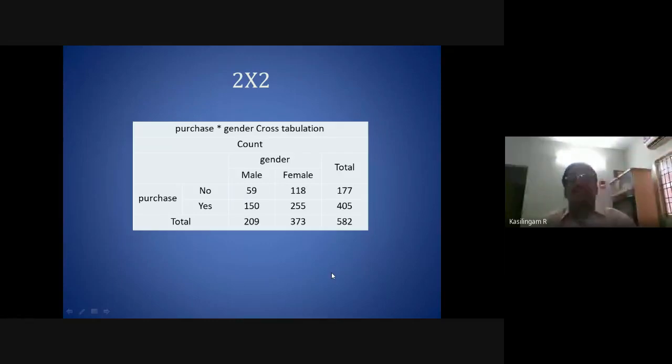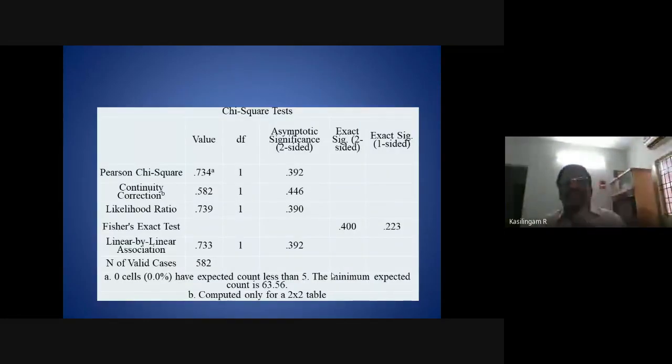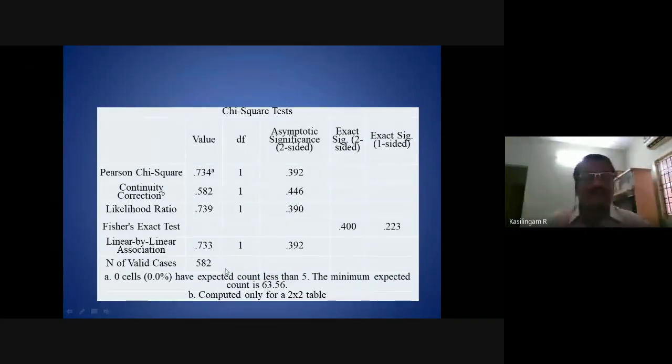Now, this output also I brought. In the earlier output, you might have seen Pearson chi-square, likelihood ratio, linear by linear, number of valid cases. But what is new here is continuity correction.